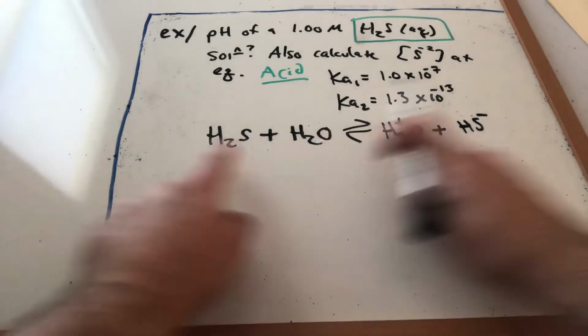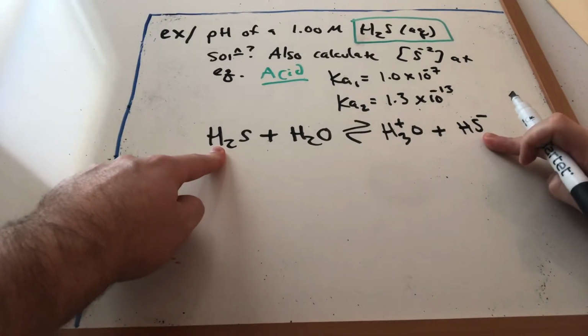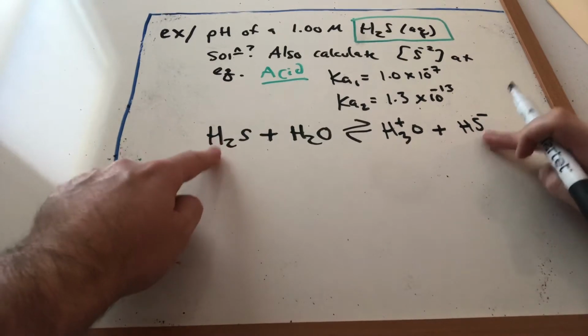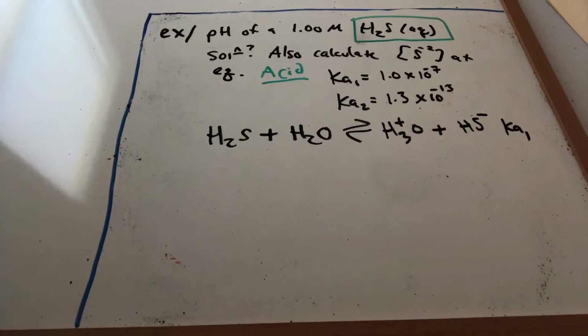This is the first H coming off. So whenever I do math associated with this, I'm going to use Ka1, because the first H came off.